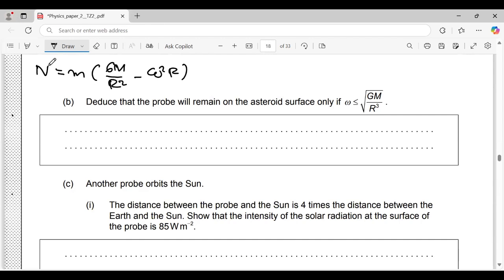When the normal force N is greater than or equal to 0, this equation becomes GM over R squared minus omega squared R is greater than or equal to 0. Oh wait, this is not R2, this is R squared.